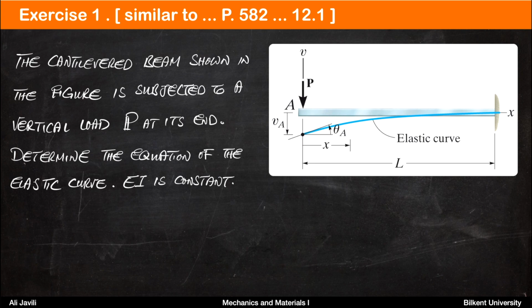What we want to do also additionally is to calculate the maximum deflection, or the deflection at point A, and the maximum angle, or theta at point A. So we are going to also calculate this. Remember, the key equation here is EI v double prime equals M, v being the deflection.